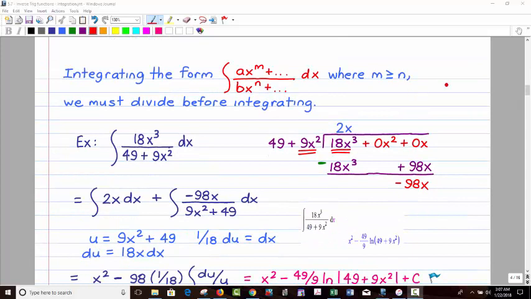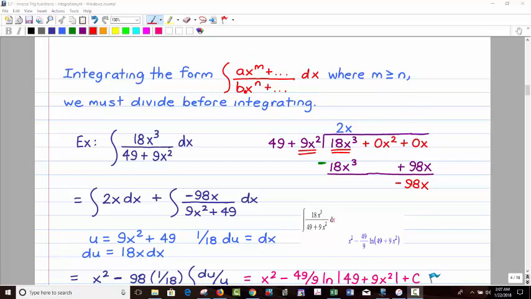Now, when you have integrals that are what's called improper fractions, in algebraic form, with regular numbers it's pretty easy, like 12 over 5. But in these polynomial type problems, you won't have this issue with square roots, so it's only going to be when they're polynomials, if the exponent on top is greater than or equal to the one on the bottom.